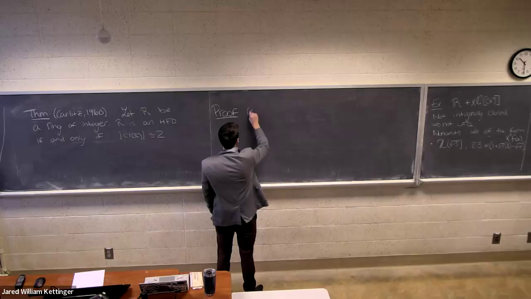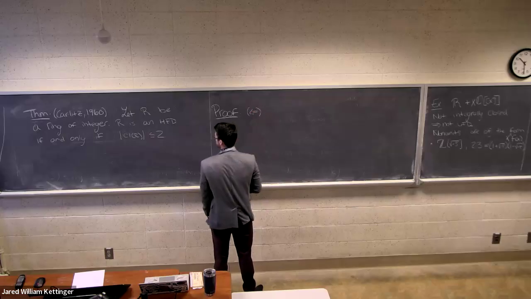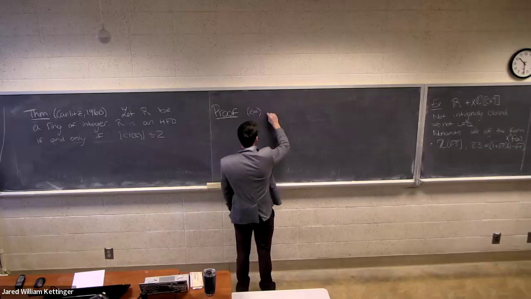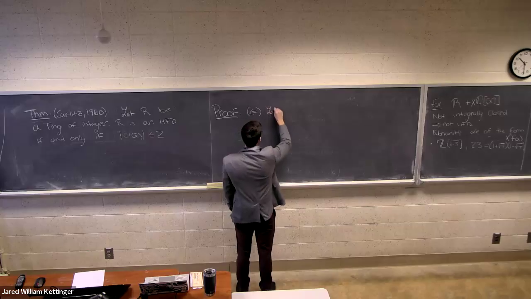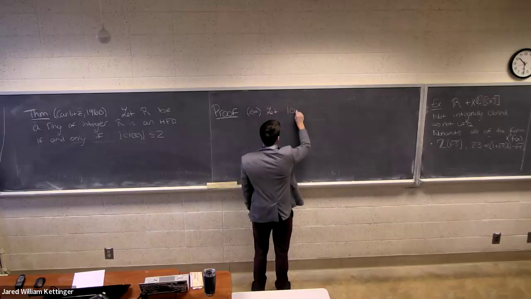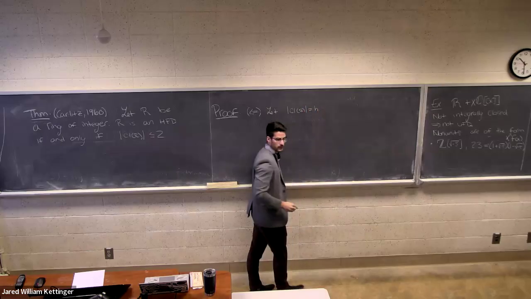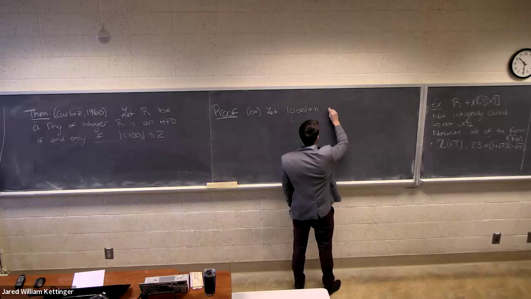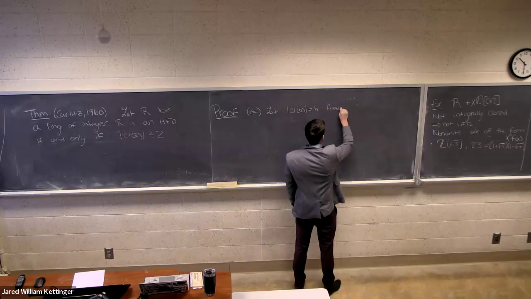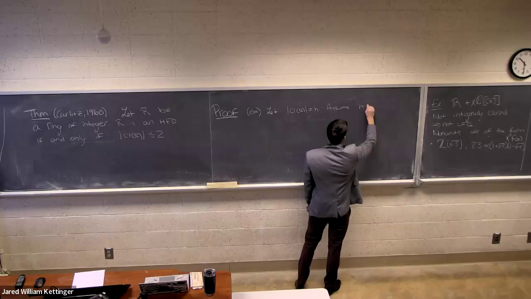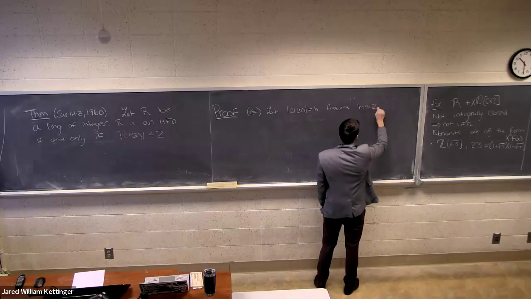So let's start in the reverse direction because it's a little bit easier. I'm going to refer to the order of the class group as H, which is kind of typical notation. And we'll assume that in this direction, H is less than or equal to 2.